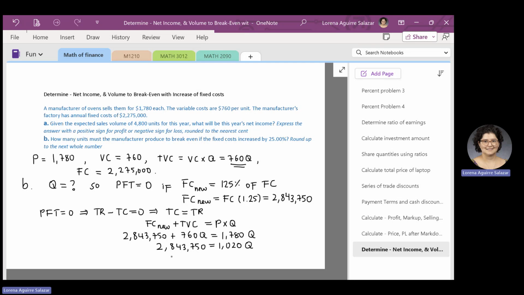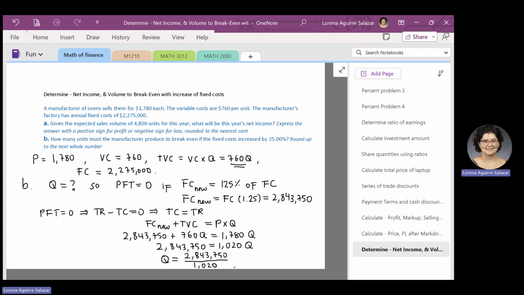So Q turns out to be $2,843,750 divided by 1,020.